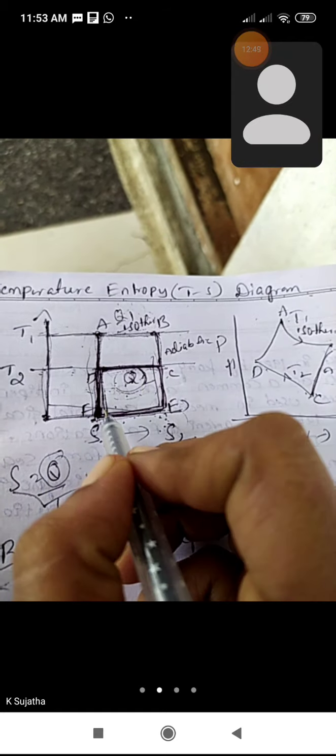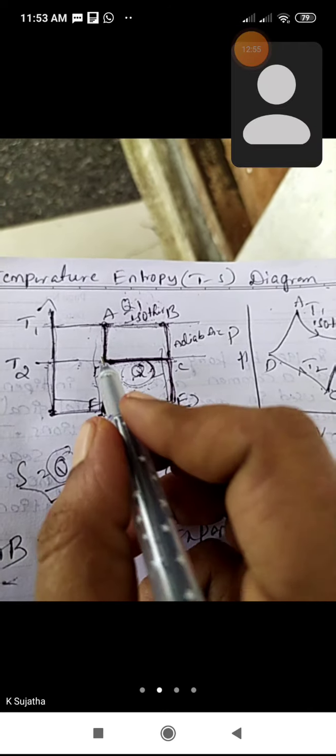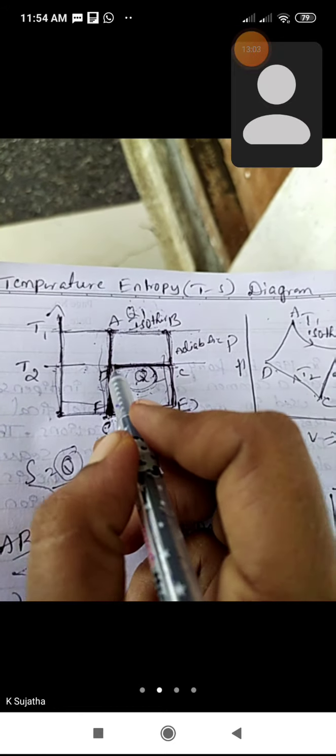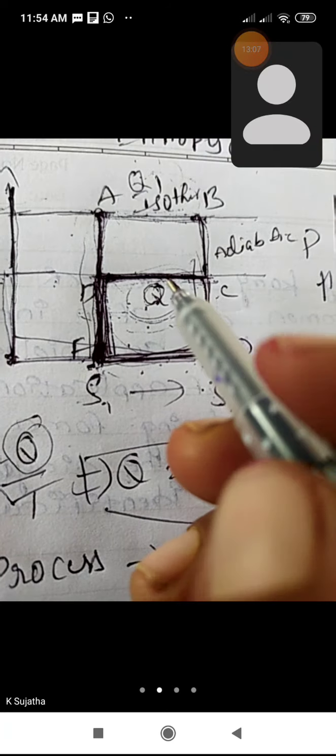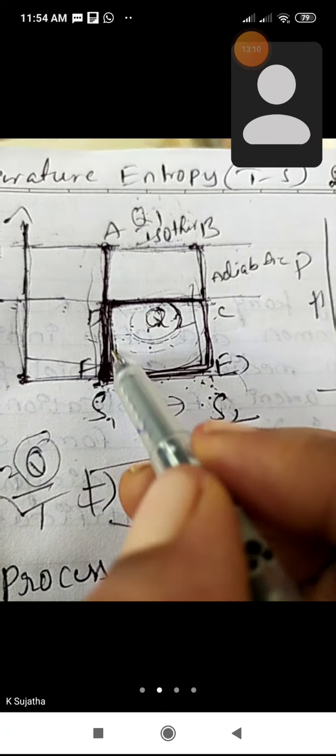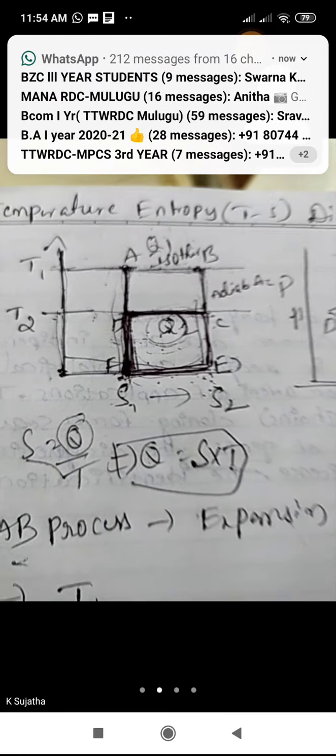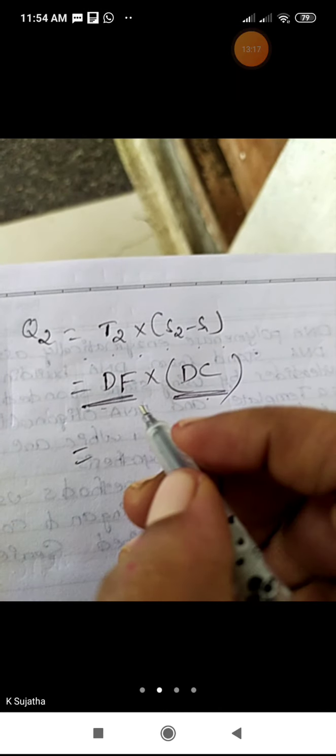This is the length, this is the height, and the area of this can be written as DE.